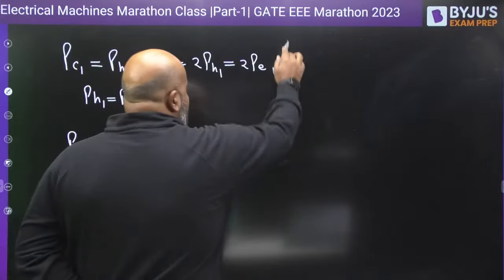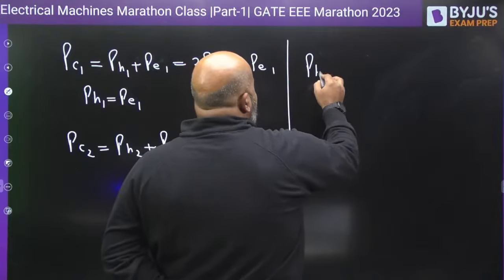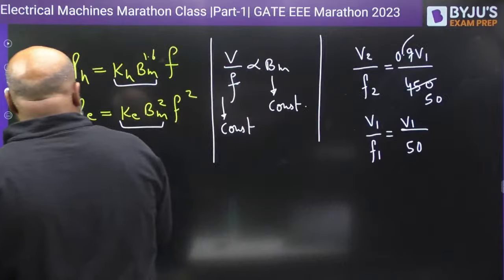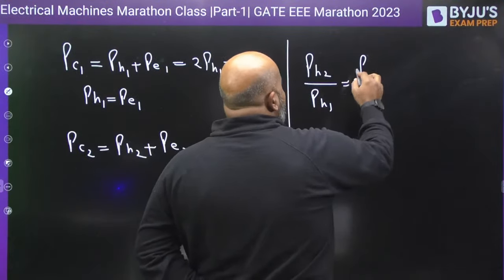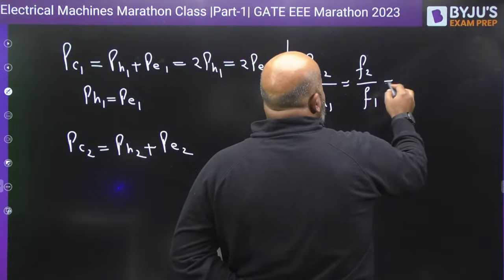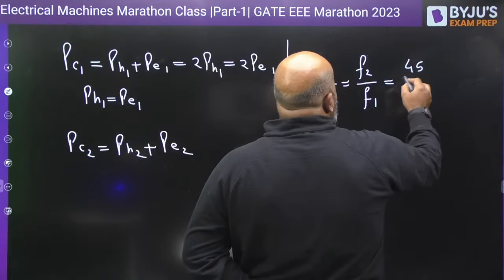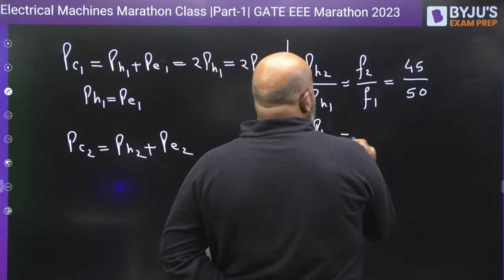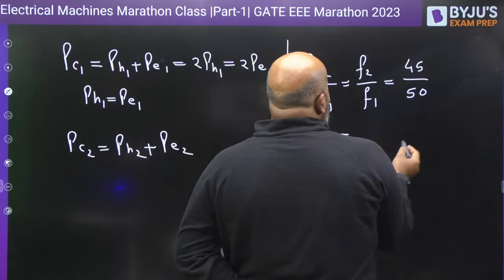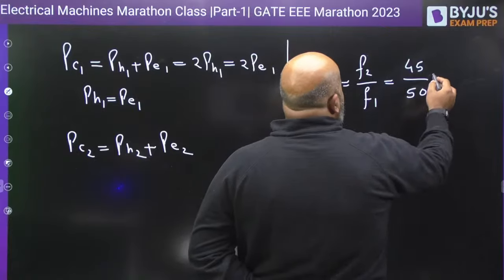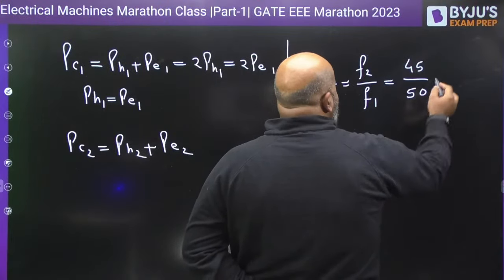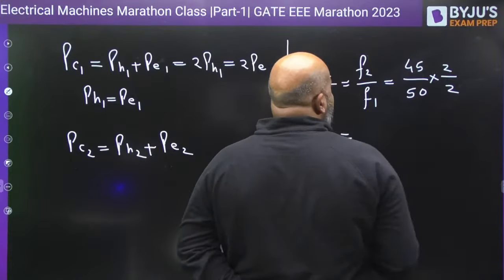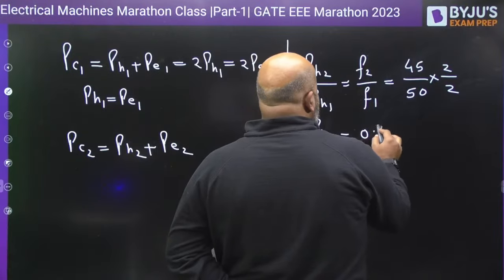Yes. PH2 upon PH1, because hysteresis loss is directly proportional to frequency, so it becomes F2 upon F1. F2 is 45 Hertz, F1 is 50 Hertz. So PH2 you can find, simplify this, it is going to be 0.9 PH1.